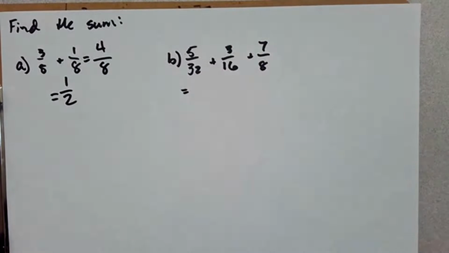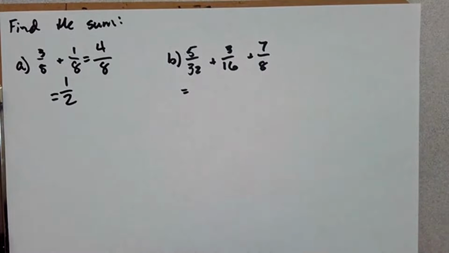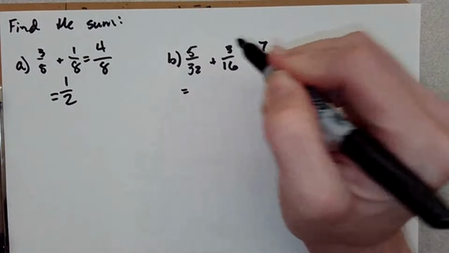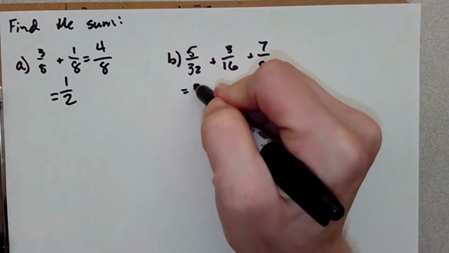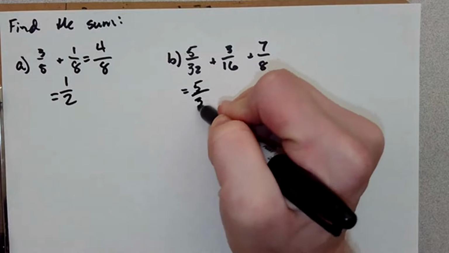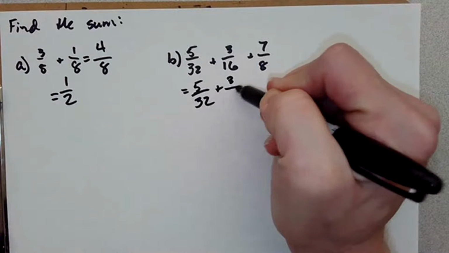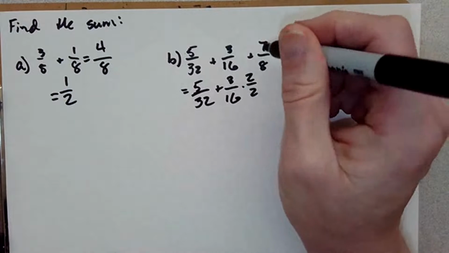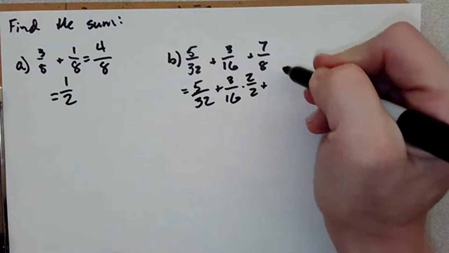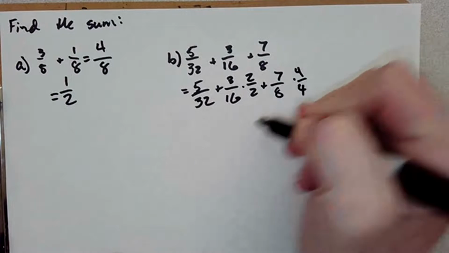Here it's a little more complicated because we have three different denominators. But the handy thing is that 16 and 32 are all multiples of 8. So if we take 5 over 32, that can stay as it is. 3 over 16, we'll multiply this by 2 over 2 to get a denominator of 32, and 7 over 8, we multiply that by 4 over 4 to get our denominator.